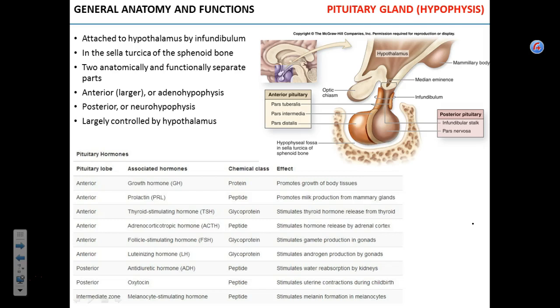Now, pituitary gland. Quite an enigmatic organ. It's located in sella turcica of the sphenoid bone. You can see hypothalamus right down here. There should be a little stalk called infundibulum, which connects hypothalamus and pituitary gland.